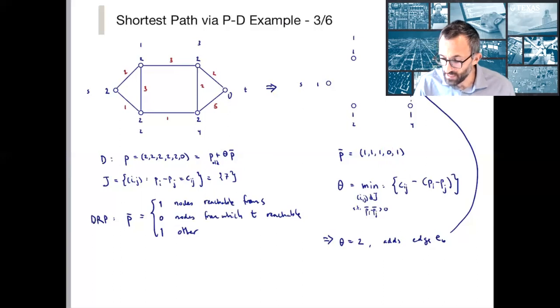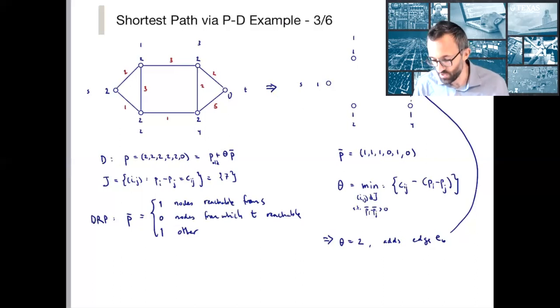Because it's connected to t. Apologies, there's a 0 here missing for p bar because that corresponds to t. It's connected to t. So I have to put a 0 for all nodes from which t is reachable, and that is this node. And therefore that's my next p bar.